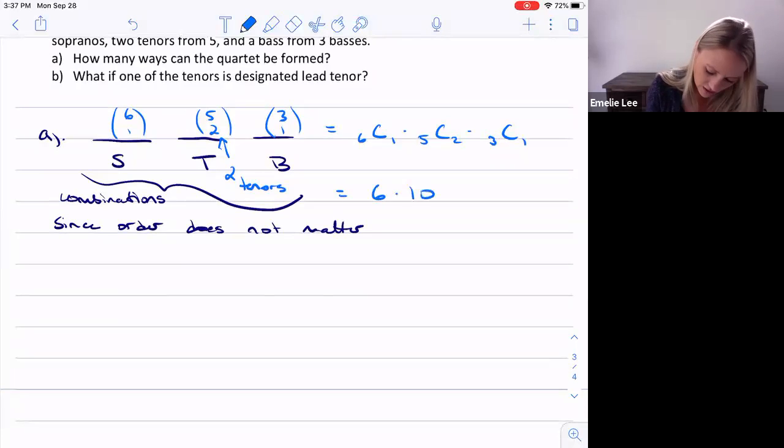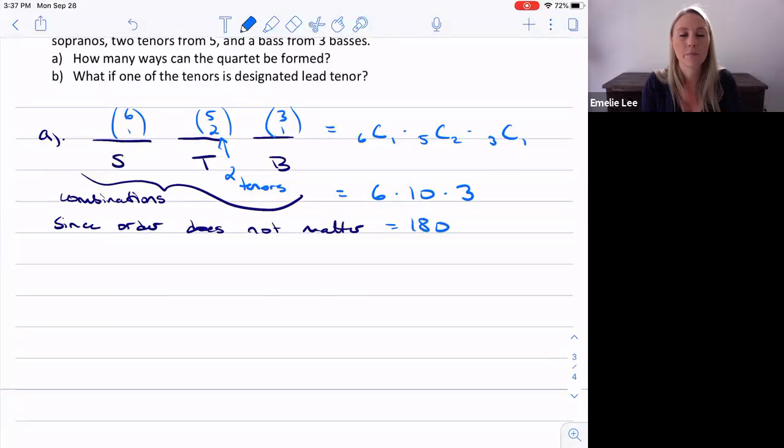Puts us at 6 times 10 times 3, which is 180. That's right. Yeah, so a number choose 1 is just always going to be that number.